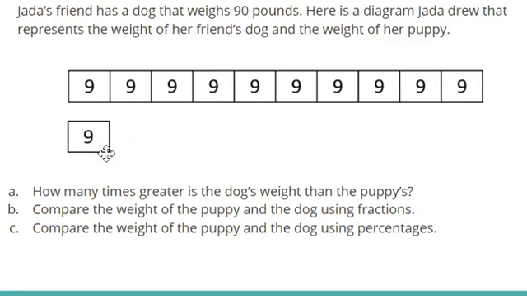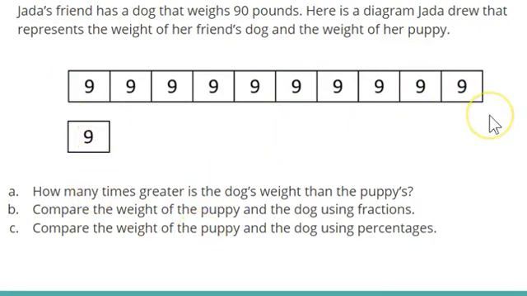How would those compare fraction-wise? If I shaded this, it would be 1 part out of the 10, right? So the puppy would be 1/10 the size of her friend's dog, because 1 group of 9 out of the 10 groups of 9 would be 1/10. What about as a percentage?